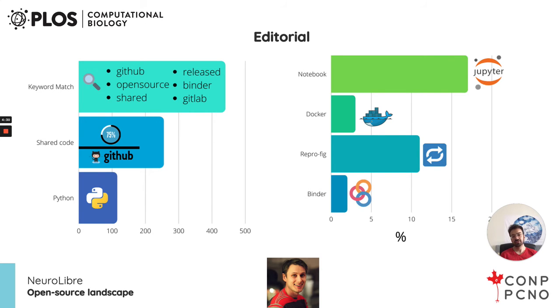Mathew also analyzed these repositories to find out that about 70% of the shared content was in Jupyter notebooks, and about 12% of all the shared content reproduced their figures. So we can see that PLOS Computational Biology is a decent venue for NeuroLibre.